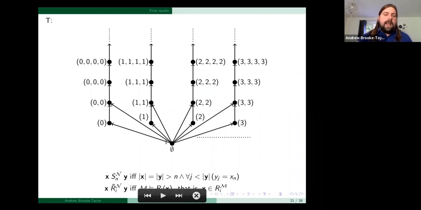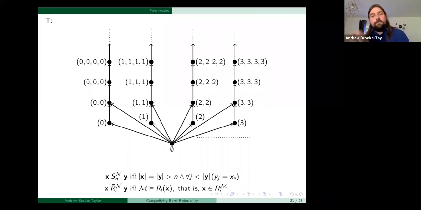Well, any of these columns in the T relation for a given entry in the increasing size tuples, because of the sort of triangle at the bottom of the column, if you look at the image of that under your W homomorphism, then that must also go to a triple of elements of your image W structure that also has a triangle of T relation. So that tells you that any of these triangles must map to another one of these triangles.